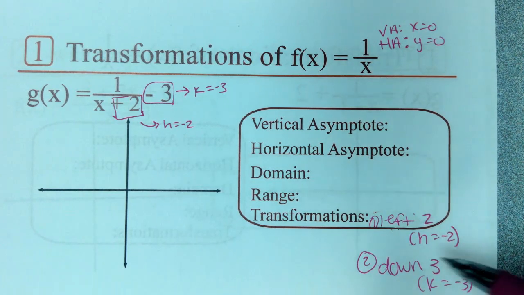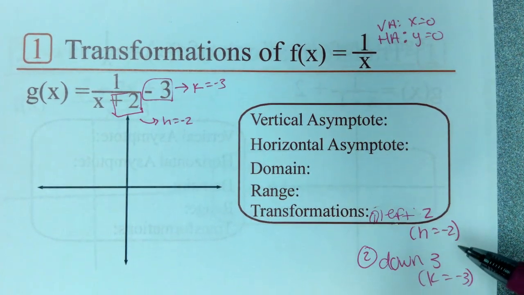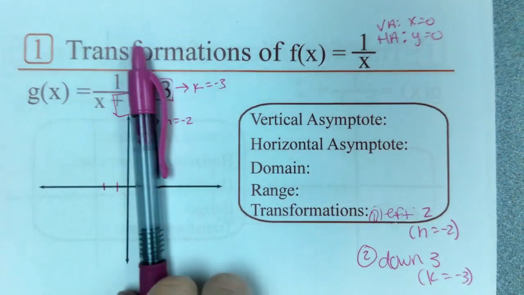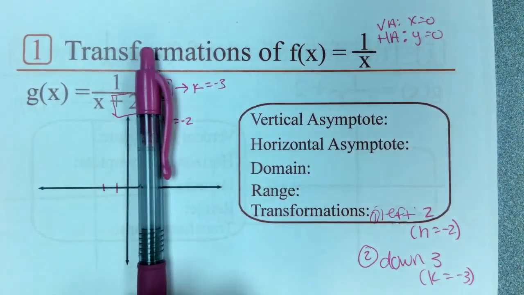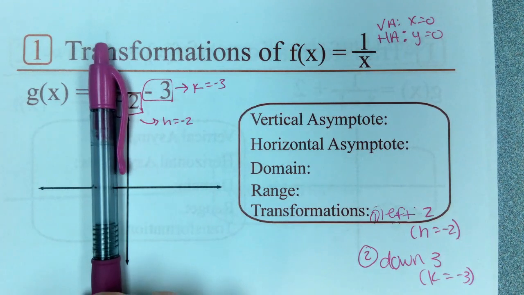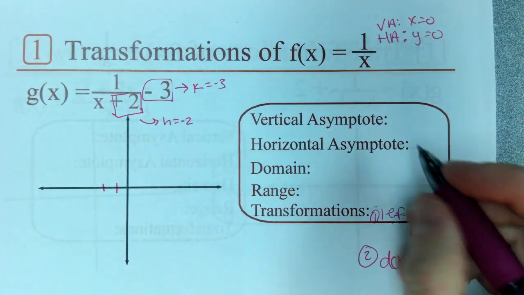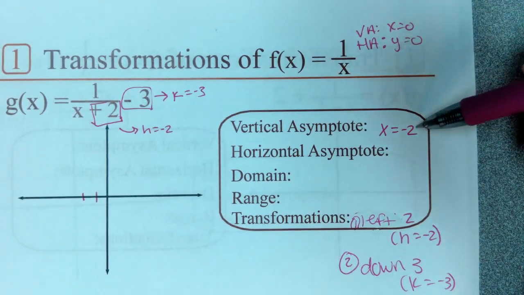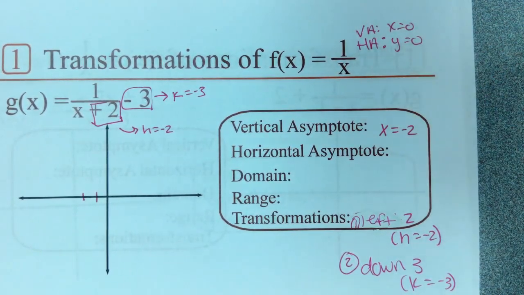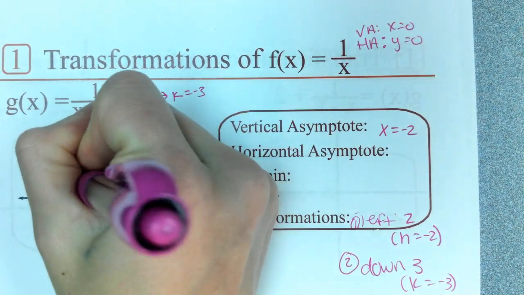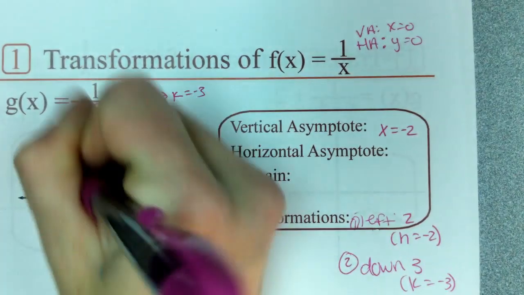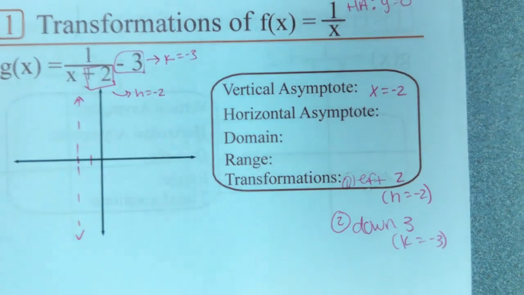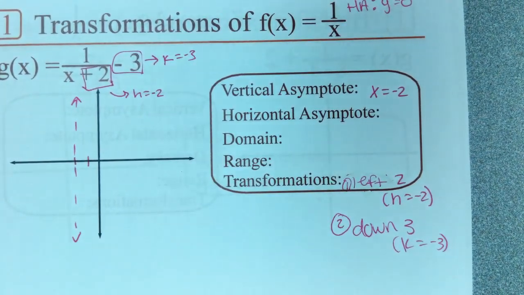Okay, so if we're going to do this left shift first, that's going to be over here. And so you think about what asymptote would be going through that axis, and that's going to be that vertical one. So that vertical one is going to shift to x equals negative 2. So notice how that changed. We'll go ahead and put our vertical asymptote there. It's not actually part of the graph, so I end up doing a dotted line just to show we know it's there, but we don't draw it.